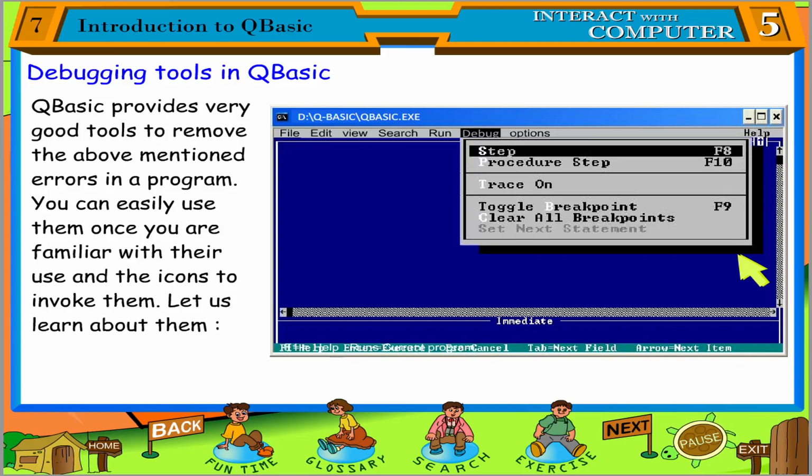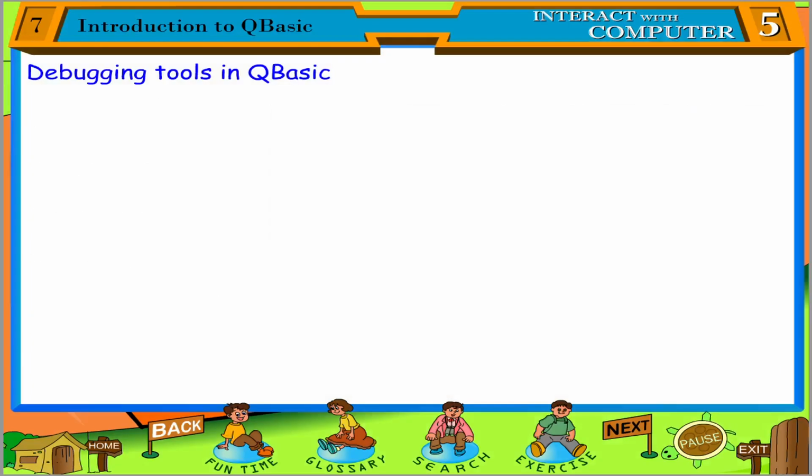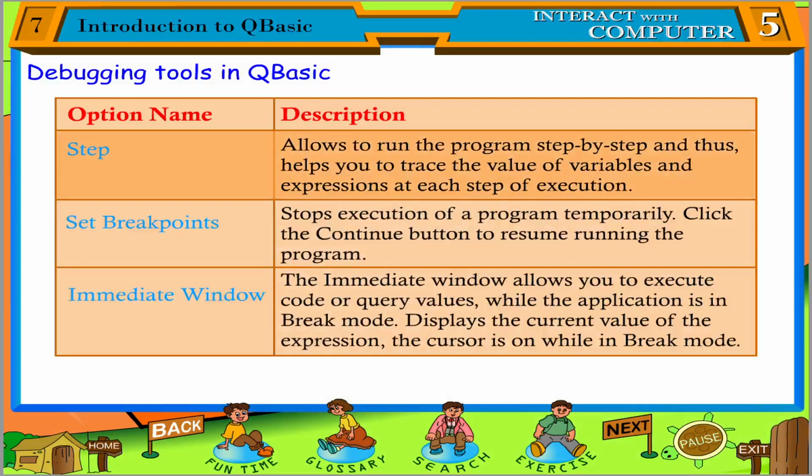Let us learn about them. Option name, description. Step allows you to run the program step by step and thus helps you to trace the value of variables and expressions at each step of execution.